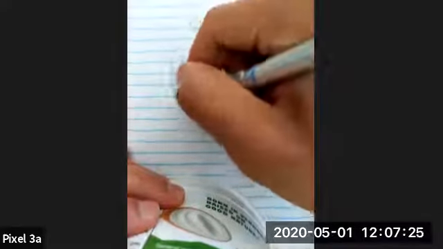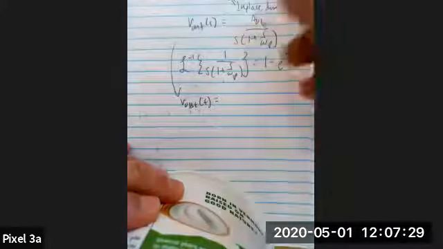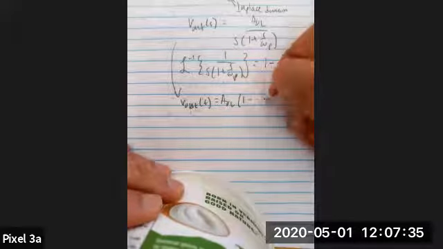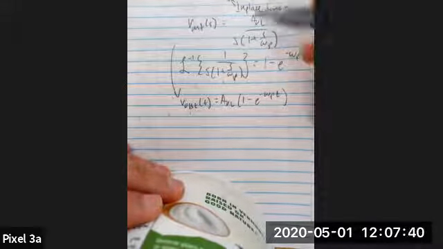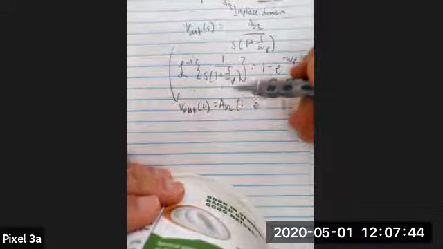And so in this case, we get that V out as a function of time is going to be A open loop times 1 minus e to the negative omega p times t, just by linearity, because the Laplace transform is linear, so we can carry this A open loop through this.